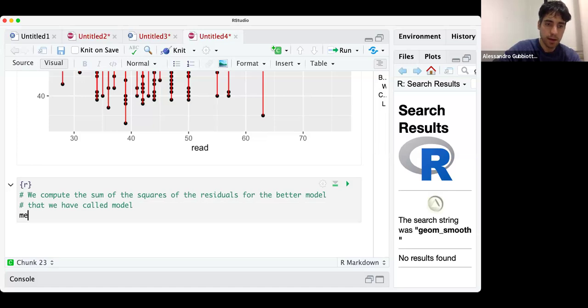So we take the model, we take the residuals, we take the square of them, and we sum them.